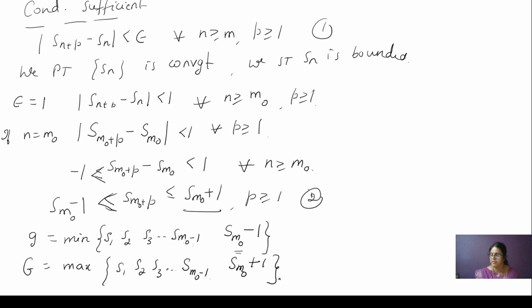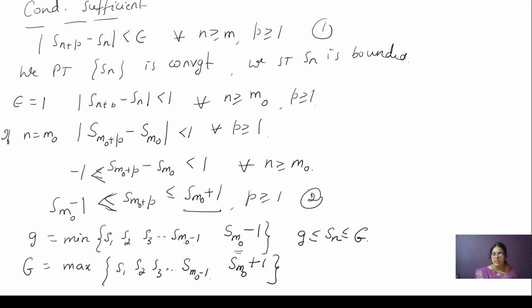So let us see what is the assumption and how it helps to prove the theorem. This means that all S_n, the terms of the sequence, are greater than or equal to small g and less than or equal to capital G. Why is this?